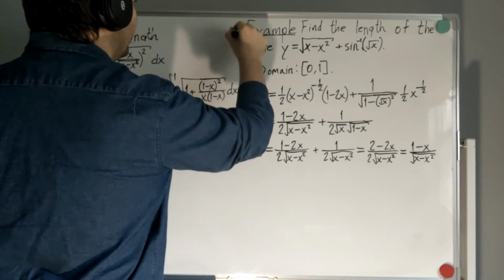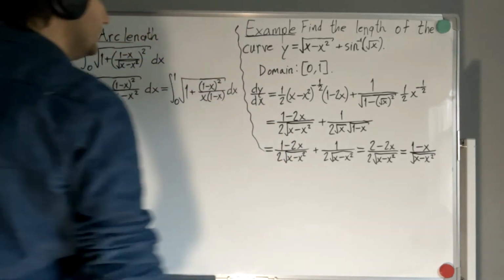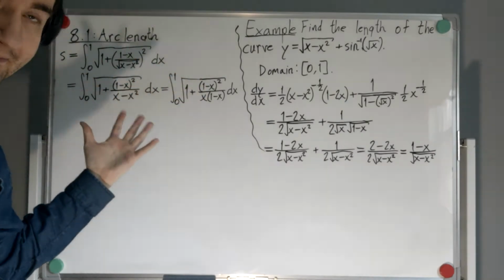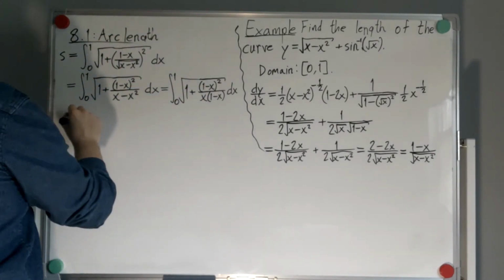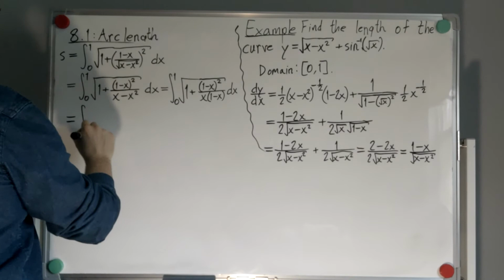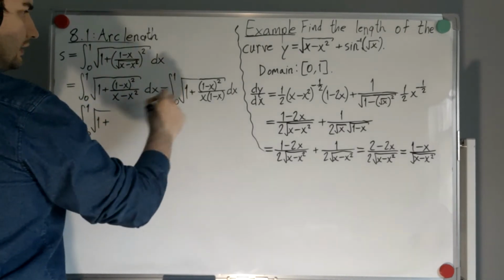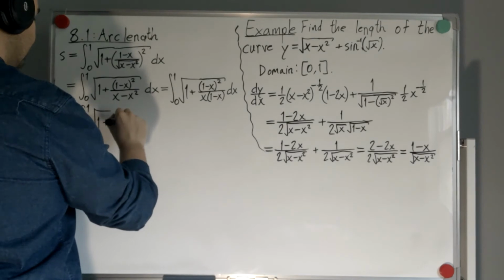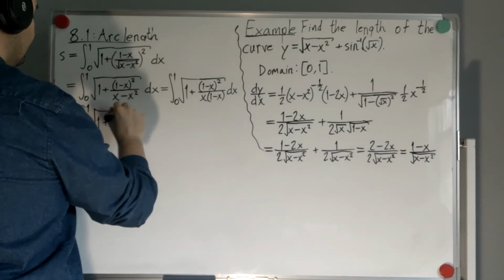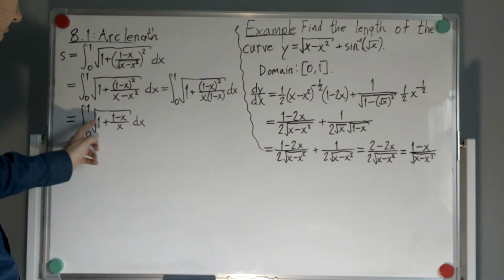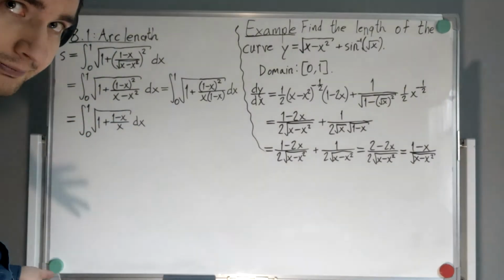Let me just draw a partition here so we don't get confused. 1 minus x cancels. So then this becomes the integral from 0 to 1 of the square root of 1 plus (1 minus x) divided by x dx. 1 can be written as x over x.